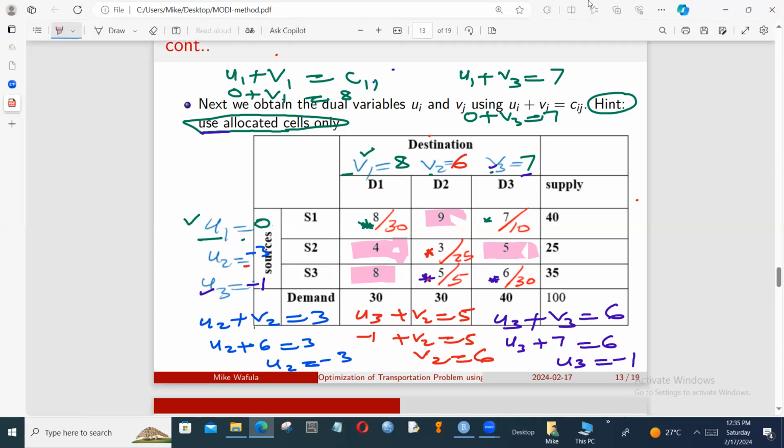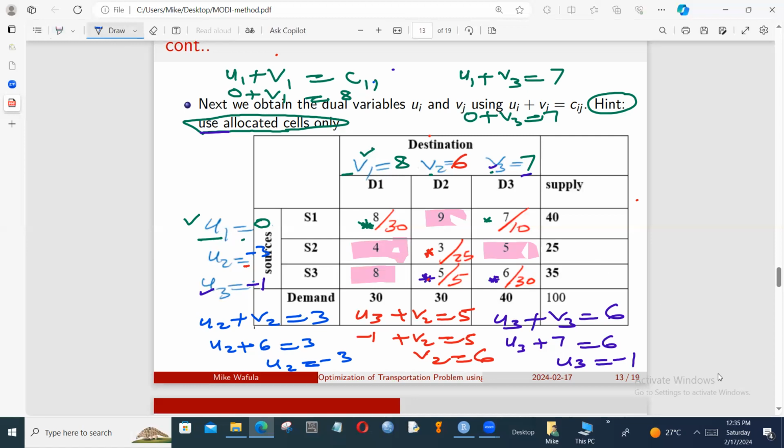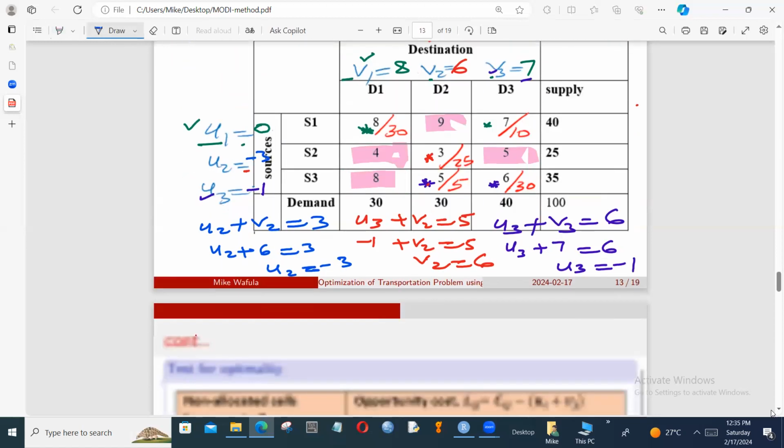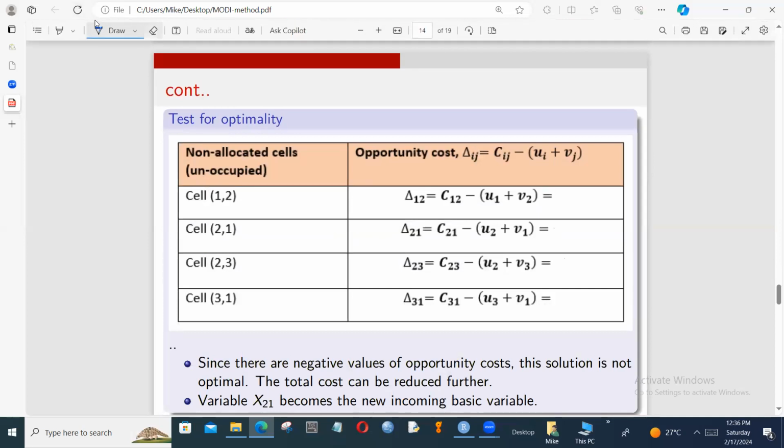And so I want us now to sketch a table of this kind so that we are able to calculate for each. So you see, I've created a table. We are testing now for optimality, but before that, we create a table. This is a table of cells that have not received any units: cell 1,2, cell 2,1, cell 2,3, and cell 3,1. And the other column is opportunity cost.